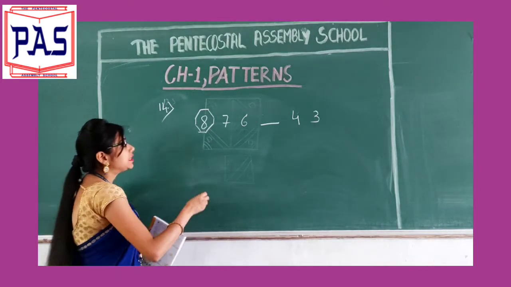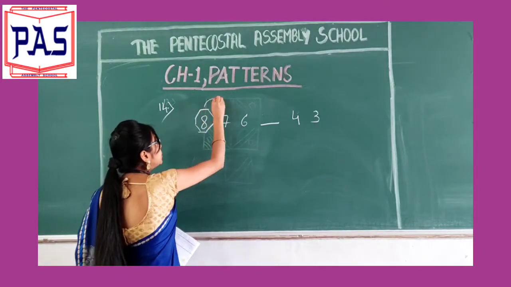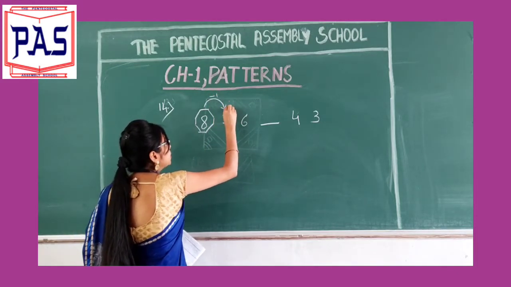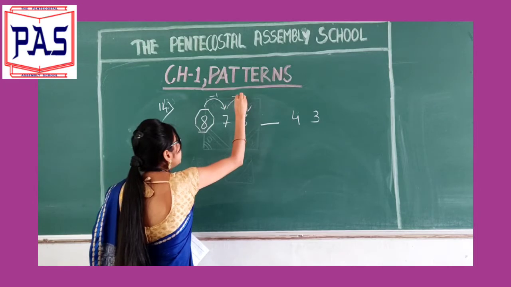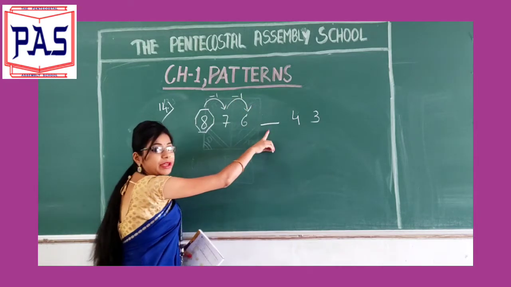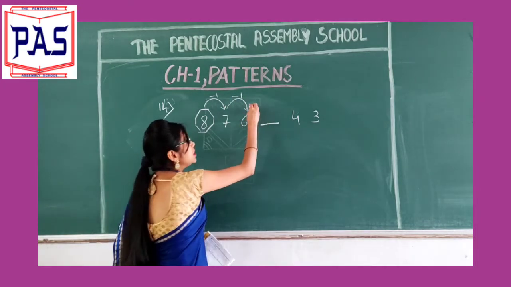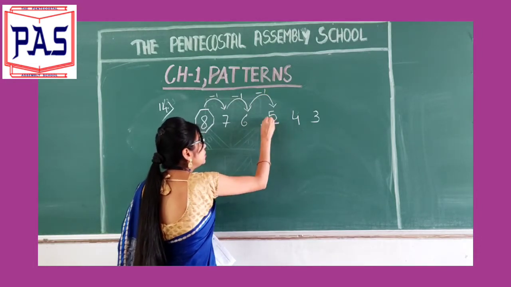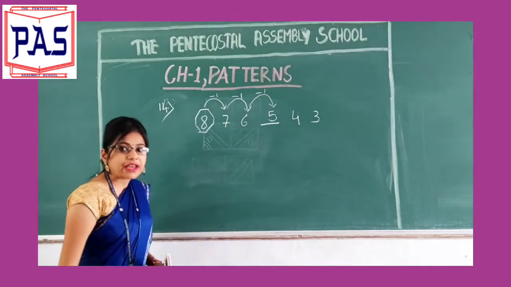So you can also see that the number is decreasing by 1. 8 minus 1 is 7, 7 minus 1 is 6. So what will be here? 6 minus 1. The number here is 5.